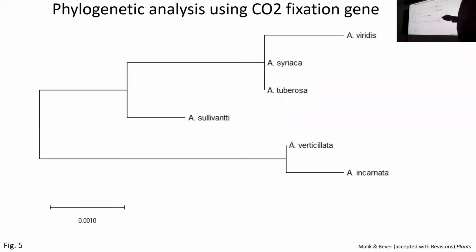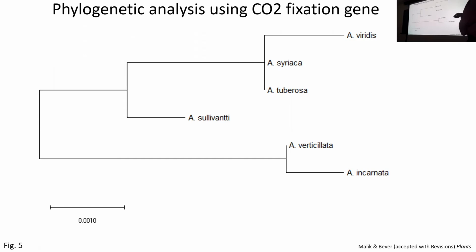Okay, because the nature of this study was looking at how CO2 can impact milkweed species, we did a phylogenetic analysis where we looked at the relationship of the milkweed species by using a CO2 fixation gene called RBCL, which is a chloroplast gene. And interestingly, the 2 fibrous root species are sorted together.